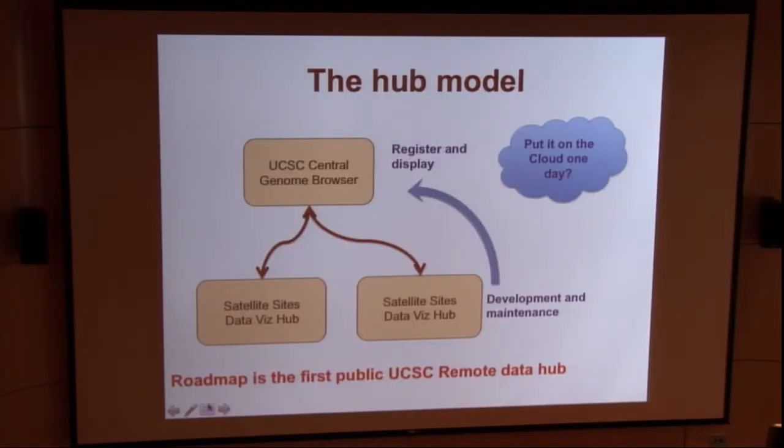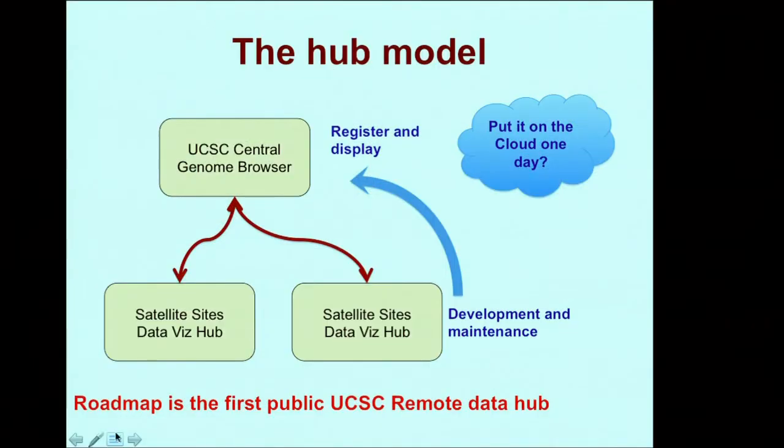This is a model that, in collaboration with UC Santa Cruz, we initially developed for the Roadmap epigenomic data. In a nutshell, the visualization is centralized, but the data is distributed. You don't need to transfer the entire data set to the site of visualization, but you can achieve a virtual integration of the data.